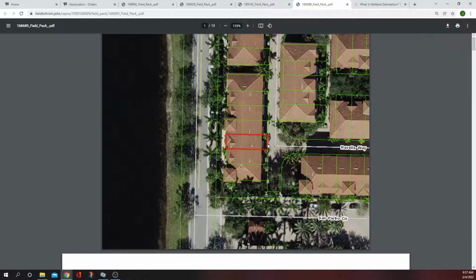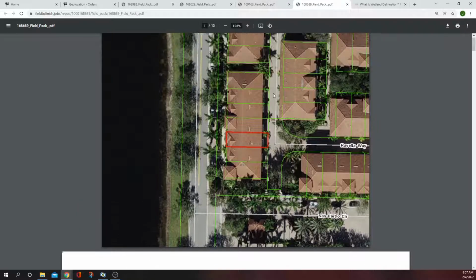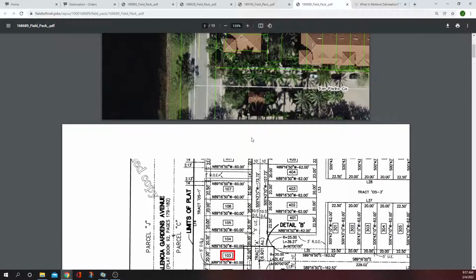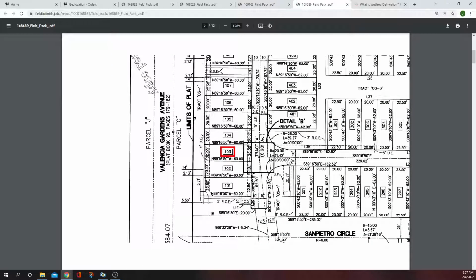So first thing I'm going to do is go look for my primary control points, my intersections, my point of curvature, anything that I can measure from so that I can prove that I'm on lot 103. Now in this scenario, I have a change in the plat right here.